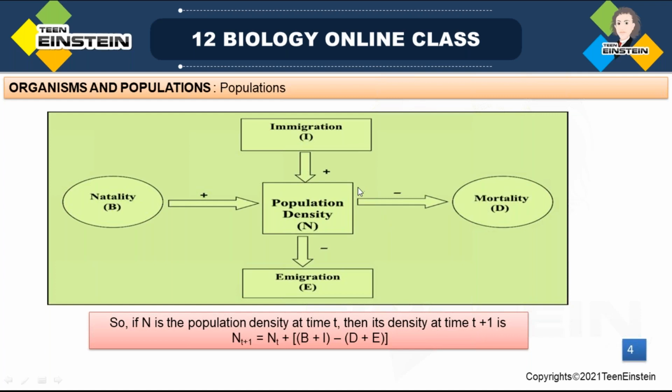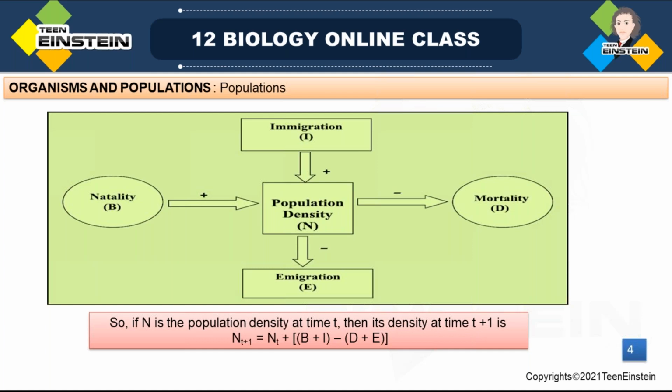This minus sign shows individuals are getting reduced, so these both reduce the population growth. So natality, mortality, immigration and emigration, and how they affect the population growth, we have already told, whether adding or reducing the growth.